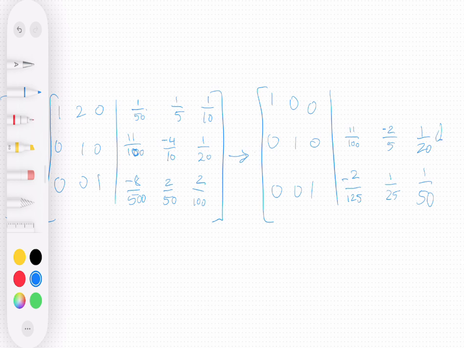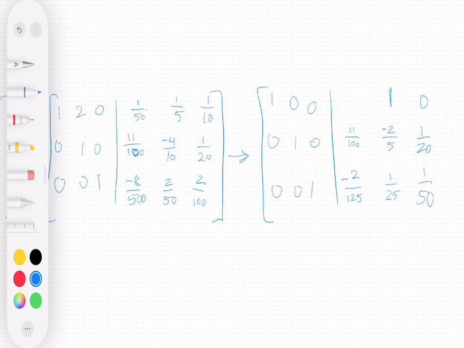So if we subtract 2 20ths from 1/10, that's just 1/10 minus 1/10, which will give us 0. If we subtract negative 2/5 from 1/5, that'll give us 1/5 plus 4/5, which is 5/5, so just 1.